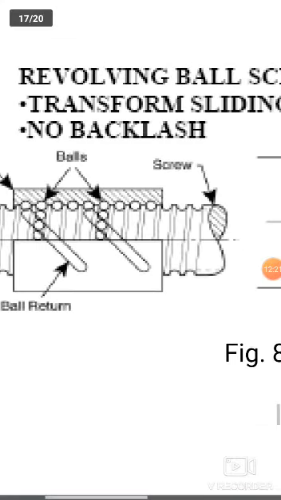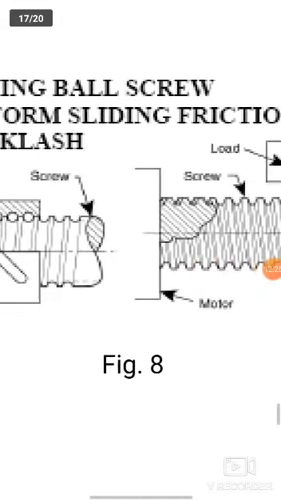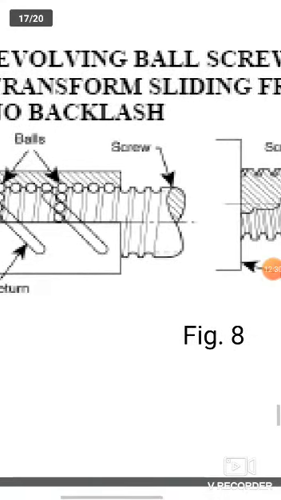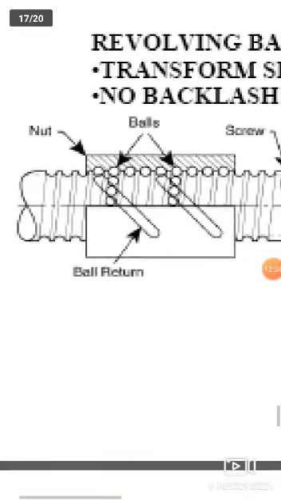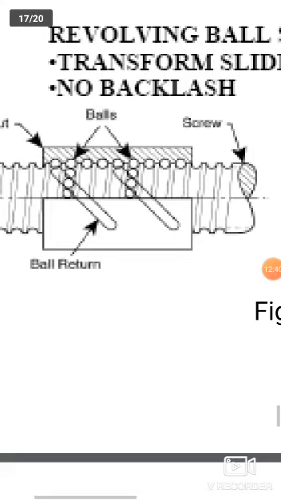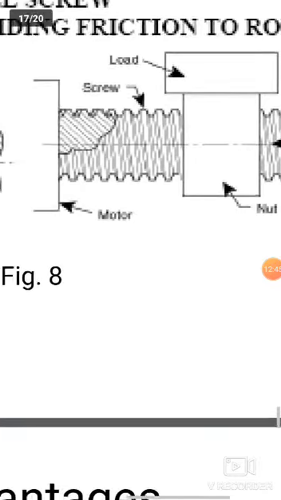So what is this? Reversible ball screw diagram. This transfers sliding friction to rolling, with less backlash. This is the picture of how backlash happens. This is the nut, this is the ball return, this is the screw. So these are the shaft and this is the nut. This is the backlash procedure.